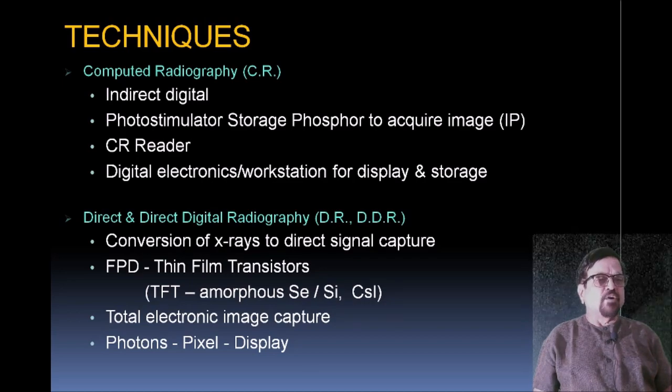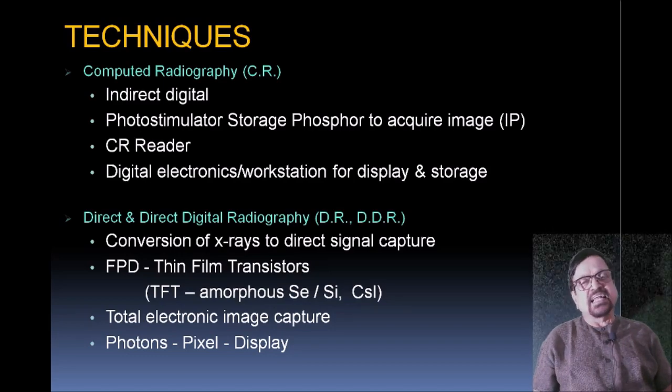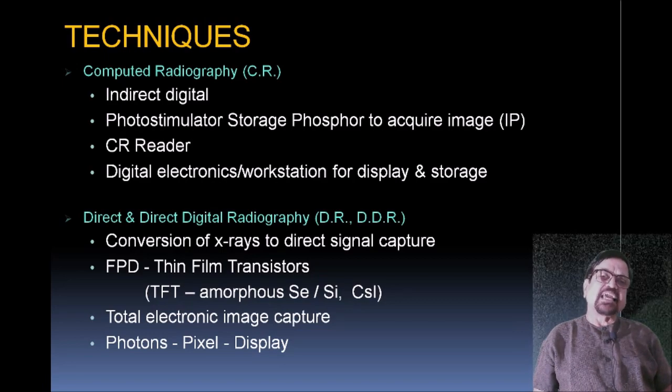They have amorphous Se, Si and CsI. These factors convert X-rays into an electronic image or a latent image, and that is the image capture. Now the photon pixels are useful to display this image on the monitor.